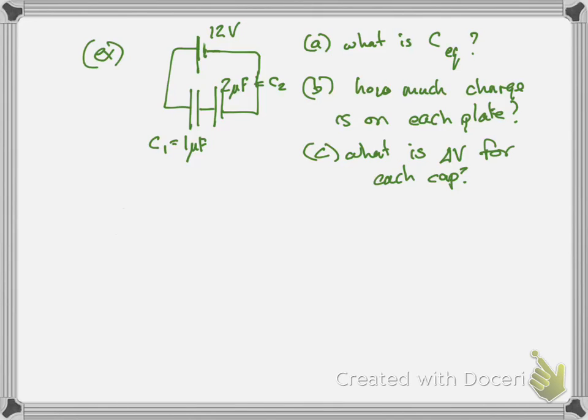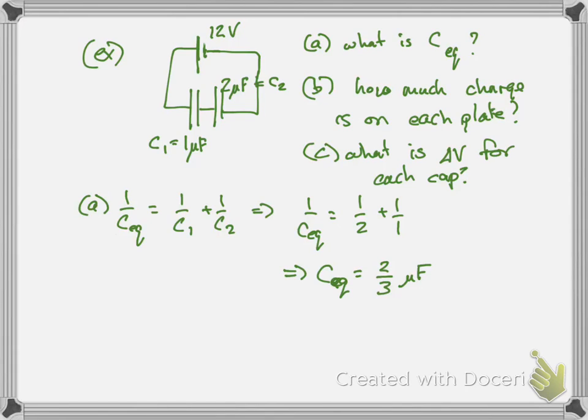These are two in series, so 1 over C equivalent equals 1 over C1 plus 1 over C2. Therefore, 1 over C equivalent equals 1 over 2 plus 1 over 1. Do the math, and you get C equivalent is 2/3 of a microfarad. These were in microfarads; I just left off the units when I plugged in the numbers initially.